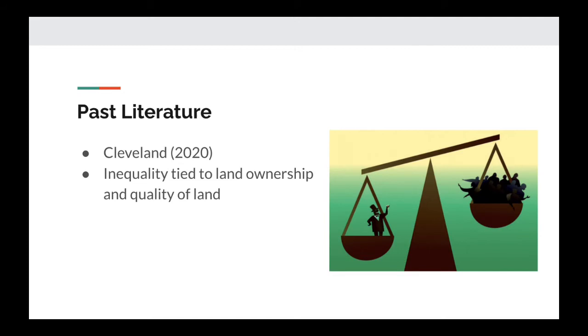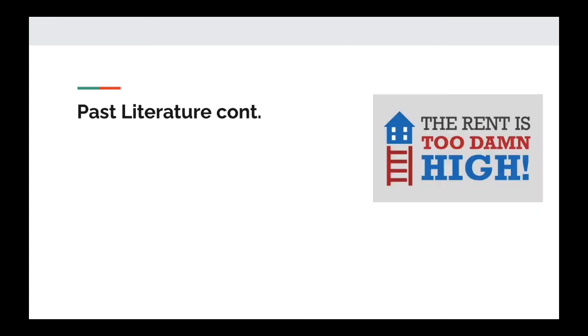They're going to own the nicer land, which is going to force everybody else, the lower to middle income families, into denser, less efficient portions of land. And with this overpopulation, you're going to see a higher homeless population because of it. Some of the ways that Cleveland proposed to fix this are progressive tax rates and reducing land ownership.